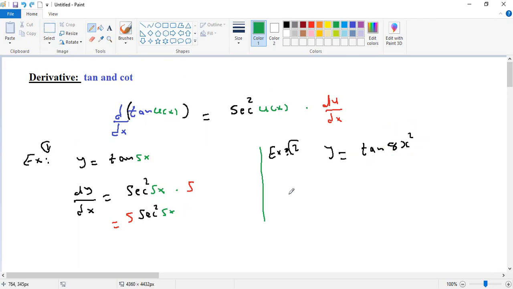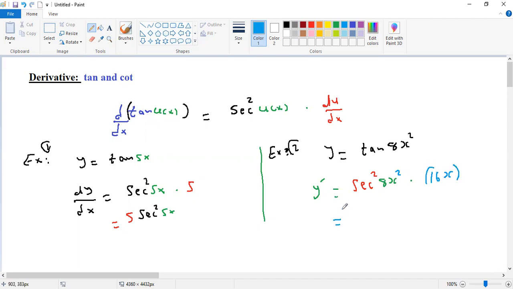The derivative of tan is secant squared 8x squared, times the derivative of 8x squared. The derivative of 8x squared is 16x.